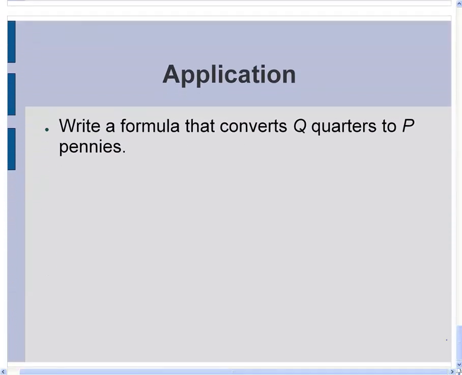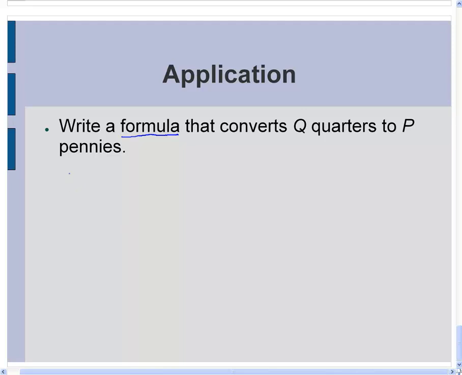So now let's see an application. Let's write a formula that converts q quarters to p pennies. I often like to use a little table of values to help me write these formulas.